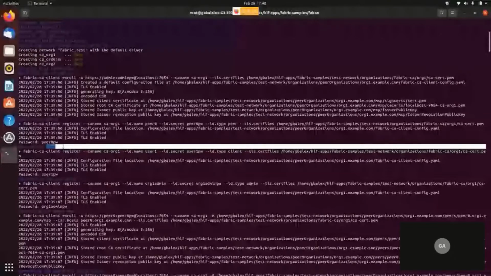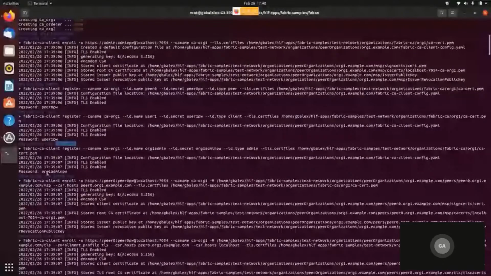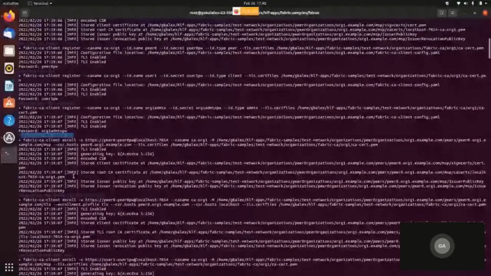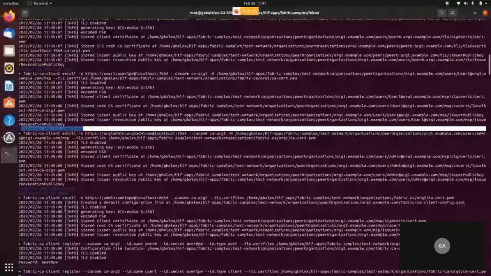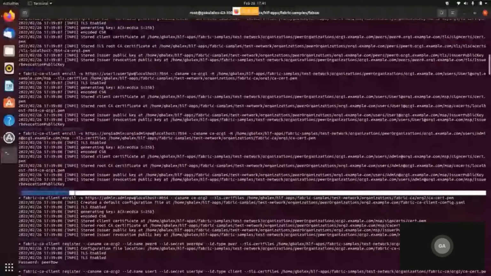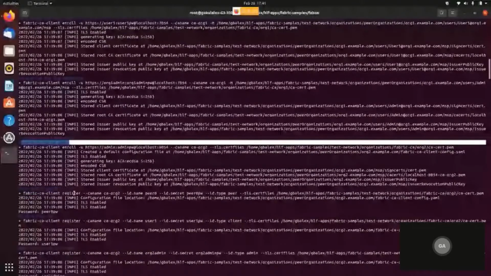So peers are part of the organizations, and then for the first peer zero, the membership service provider is generated, and then it is generating the TLS certificates, and now it is generating the membership service provider for the organization admin, and now it is creating organization 2, and it's enrolling the certificate authority admin. It's registering the peer 0 into the second organization.